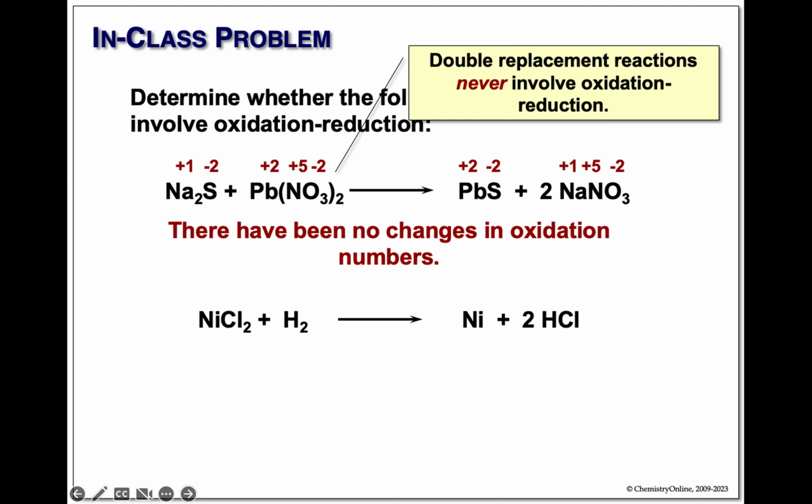Hydrogen, nickel chloride. We're getting nickel and HCl. This is the time where hydrogen is acting like a nonmetal, isn't it? Hydrogen is 0, nickel 0. Nickel is +2, chloride -1. +1, -1.